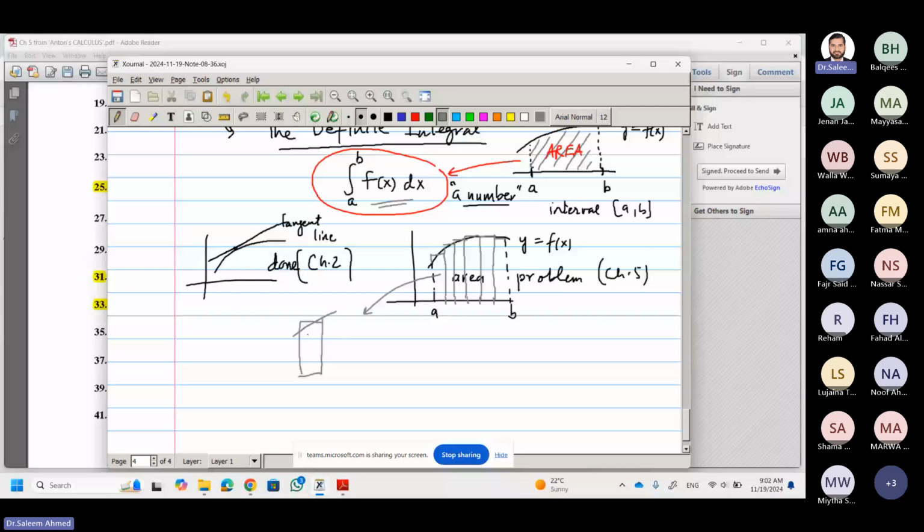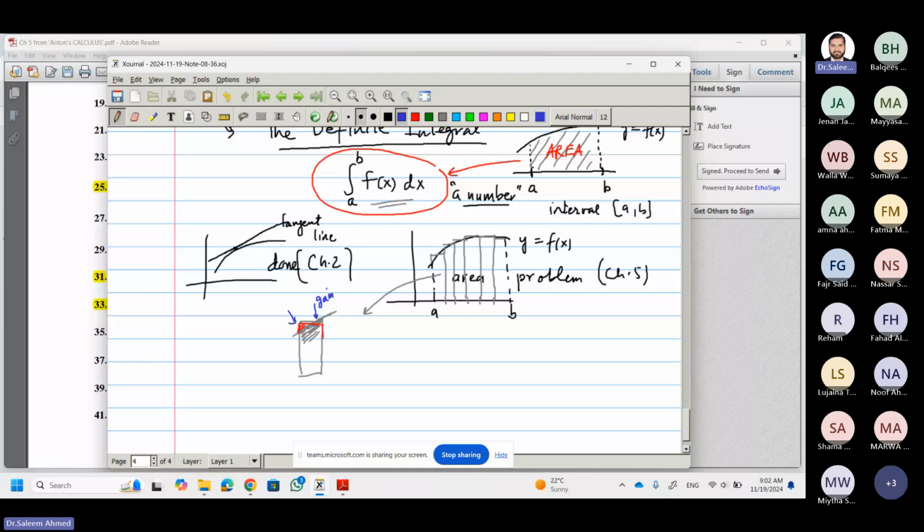So the actual area is under this curve. Actual area is this one, right? Under this curve. But what I did, I got the area of this red one. So it means I am getting some extra area here, which is not part of my area, but I am losing this one.